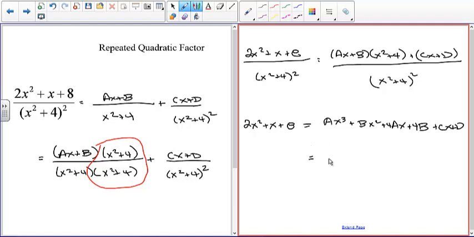Okay, so we can combine these: these have x's and these are constants. If we group them according to the order of their exponents, we've got ax cubed, bx squared, and then for x we've got 4a plus c times x, and then the constant part, which is 4b plus d.